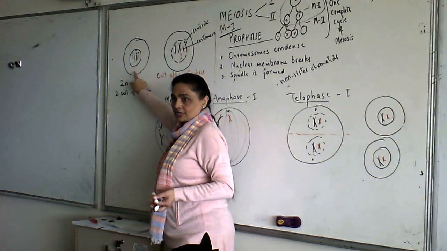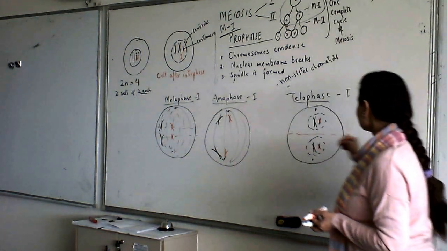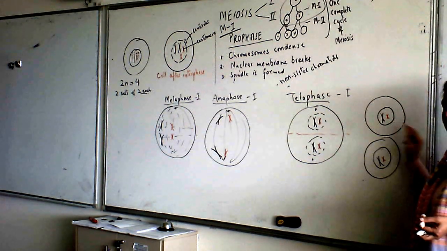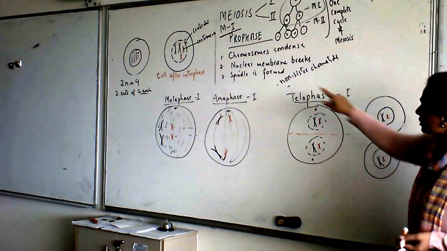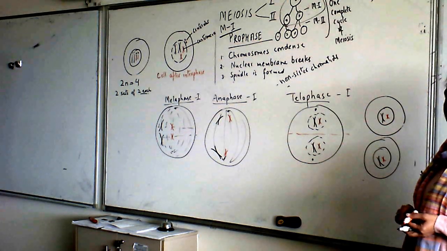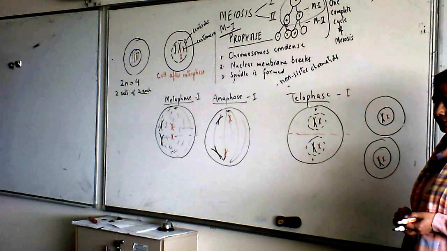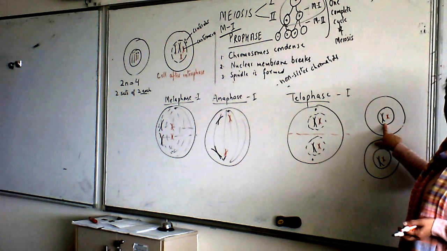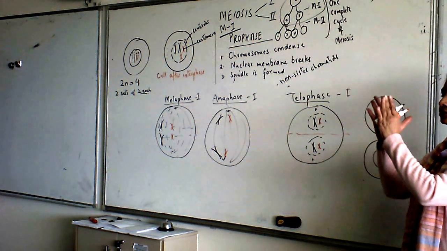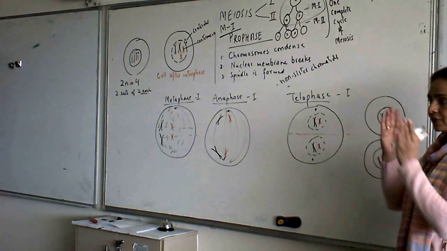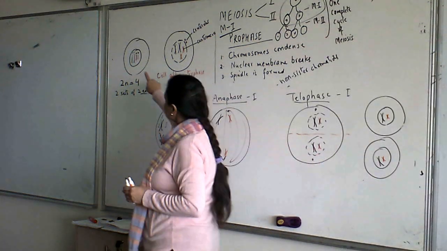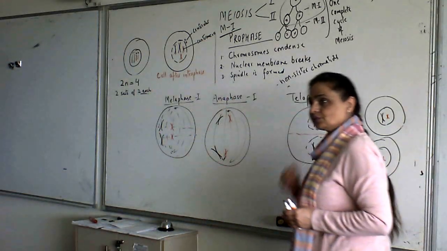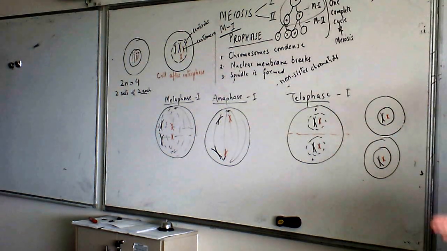And that's what we wanted: 2 chromosomes in the daughter cells, half the amount. But what's different in the chromosomes? They are still double. Each chromosome is still 2 DNAs, whereas a normal chromosome should have only 1 DNA. That's why the cell has to go through meiosis 2.